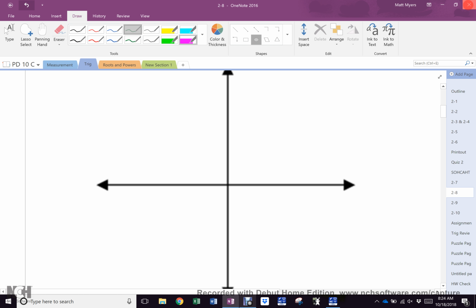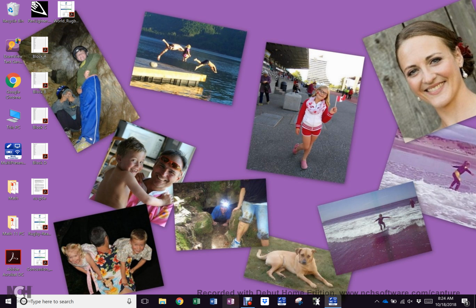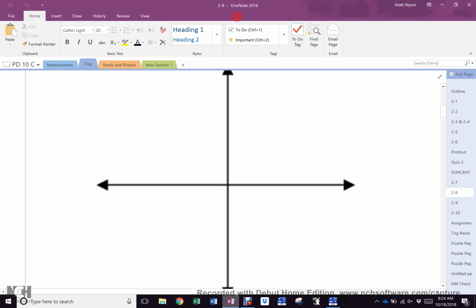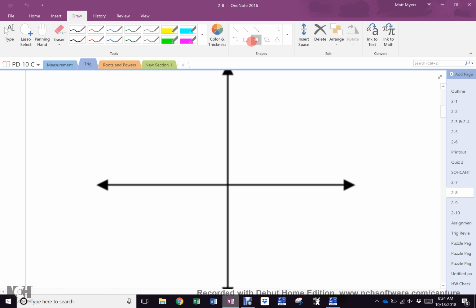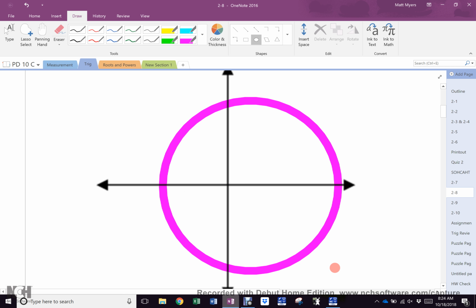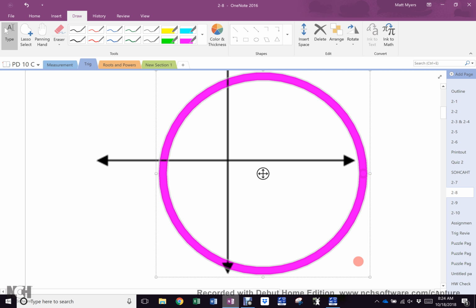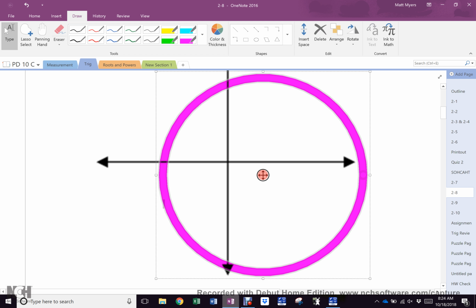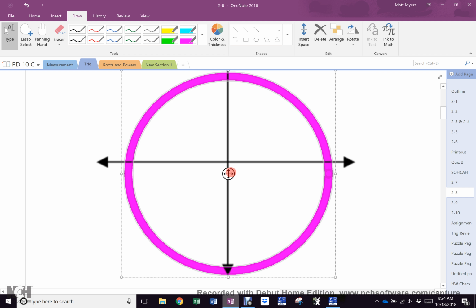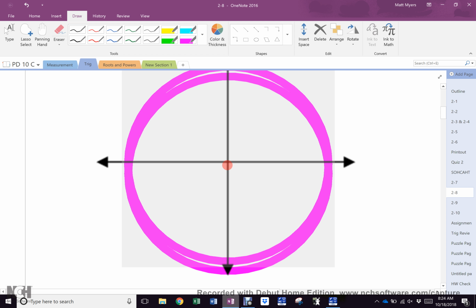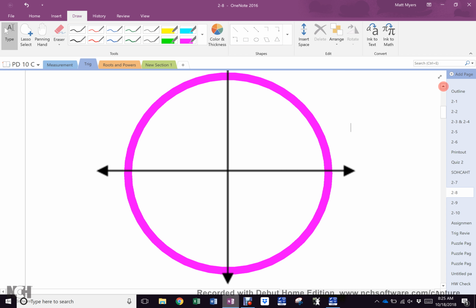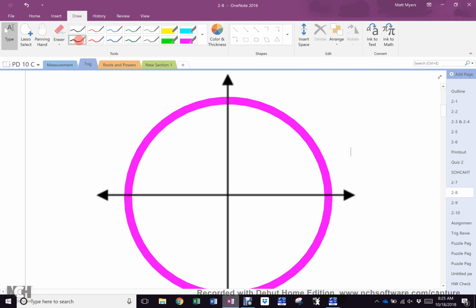Draw a circle on the big Cartesian plane, please, ladies and gentlemen. All right, that is what we call the unit circle.